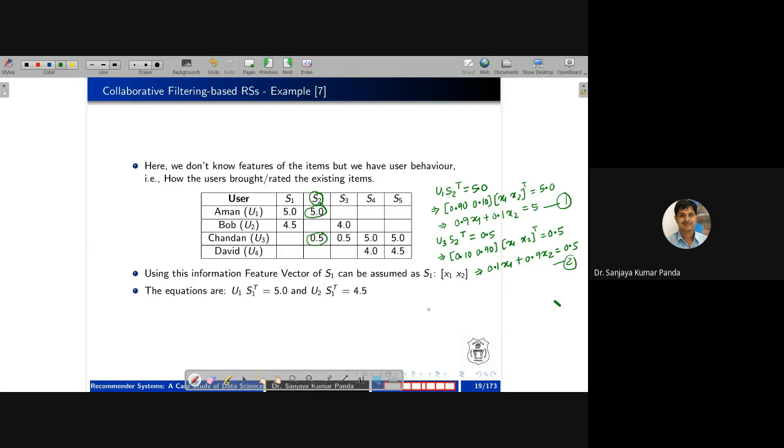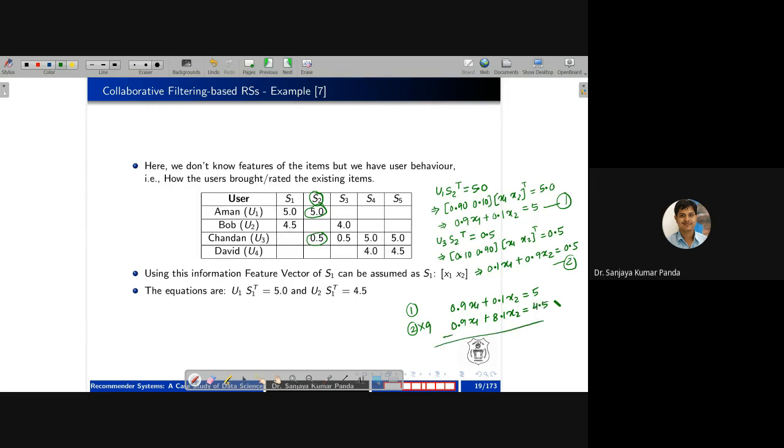So if I take equation 1 as it is, it is 0.9 x1 plus 0.1 x2 is equal to 5. And equation 2, if you multiply with 9, then you can cancel one thing. So 0.1 multiplied by 9 is 0.9 x1, plus 0.9 into 0.9, you will get 8.1 x2, is equal to 0.5 into 9, you will get 4.5.